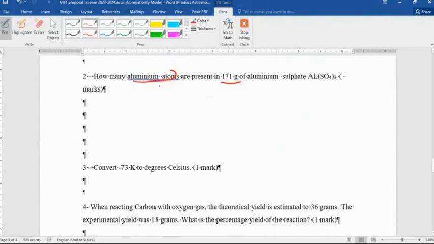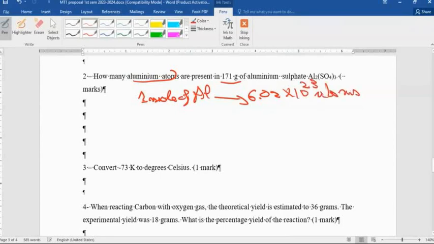So now, if he asks me how many atoms, what relation I will use? I will use the Avogadro number, the mole. Will tell me that 1 mole of aluminum has 6.02 times 10 power 23 atoms of aluminum.